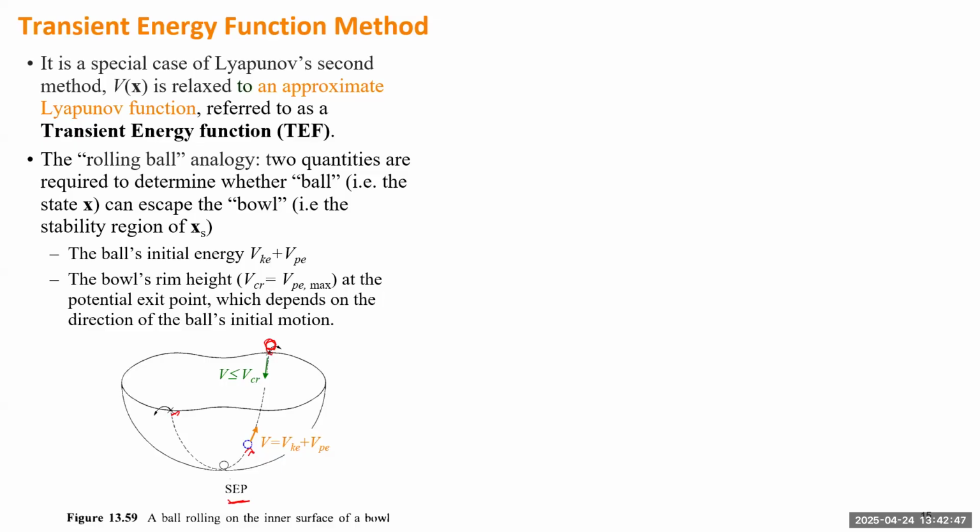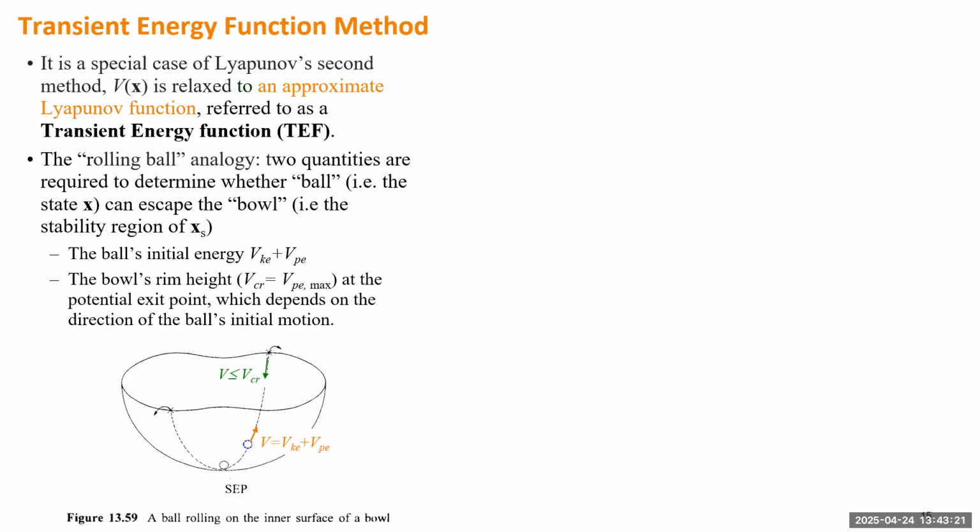It has to have a little bit of net, additional energy to move further, because if the speed is not zero, it can move further to go outside of the surface. If the speed decreases to zero at this point, it will come back. At least it will stay there. It won't escape from this bowl. So the potential energy at that point will be the limit of the energy. We call that the critical energy.